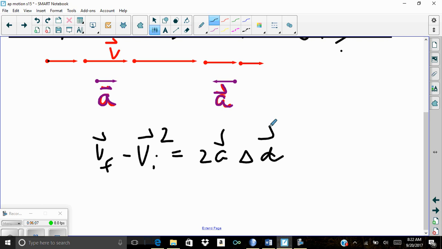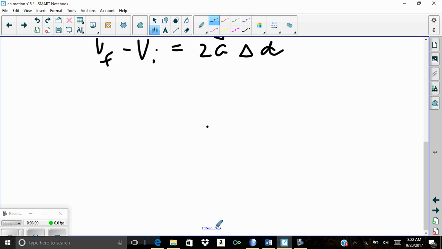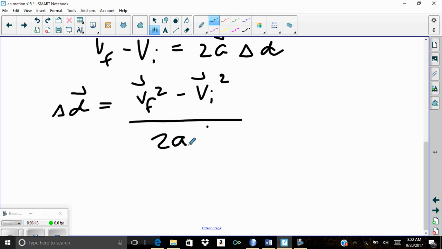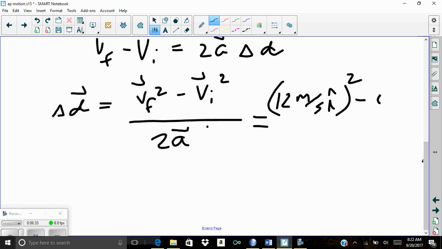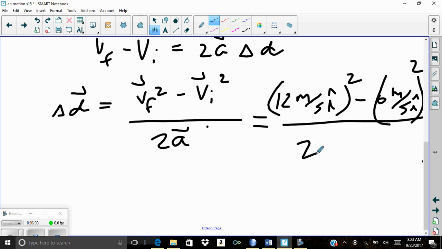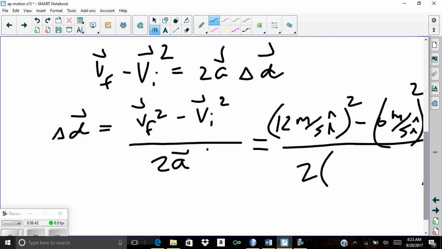I'm going to solve for delta D. Delta D is equal to V final squared minus V initial squared, all over 2A. Substituting in our numbers, V final is 12 meters per second I hat, quantity squared, minus the initial velocity, which was 0, and we're going to divide that by 2 times the acceleration, which is negative 1.5 meters per second squared I hat.